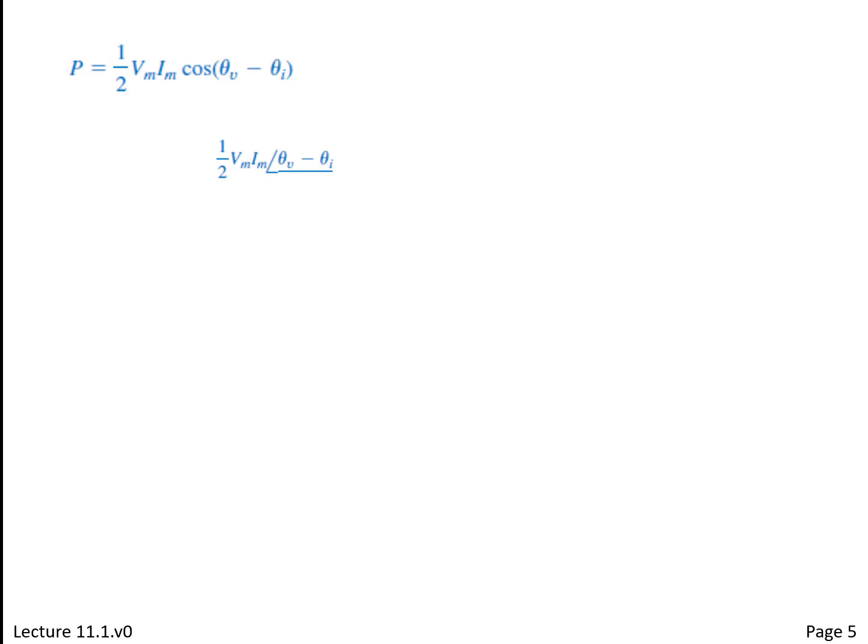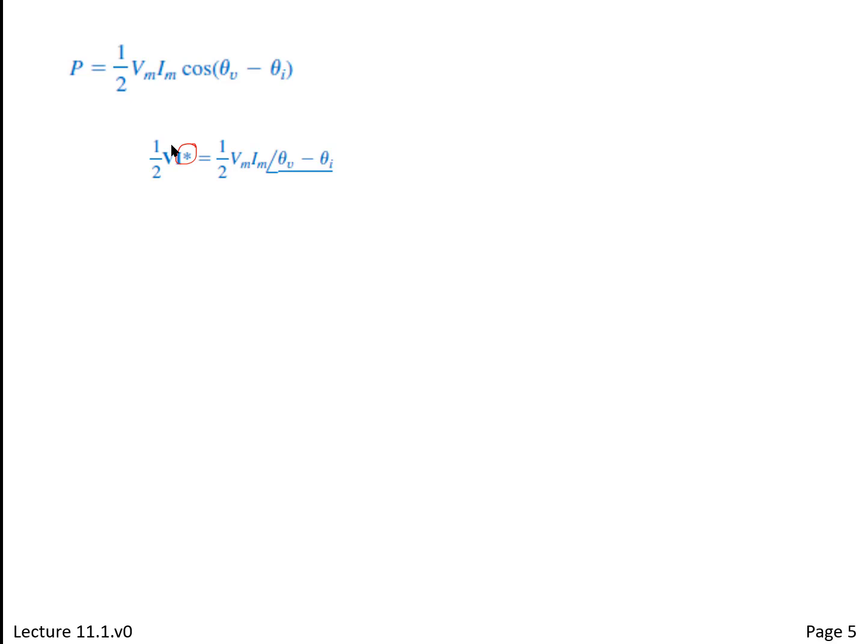And if we go back and think about when we talked about complex numbers and complex representations, this whole item can be reduced or expressed. It's not really a reduction. What have we got? We've got 1/2 V times I, what is this thing? Conjugate, right?